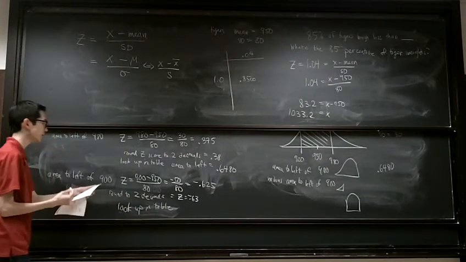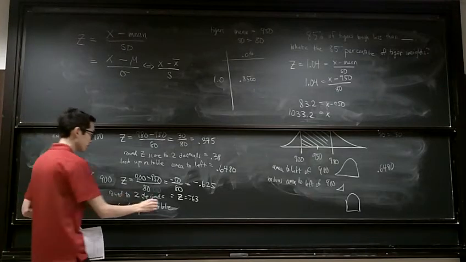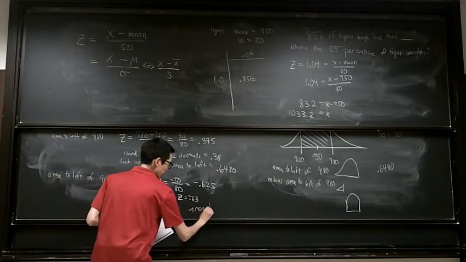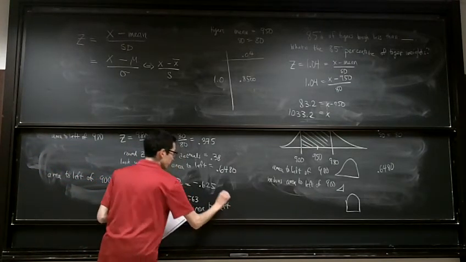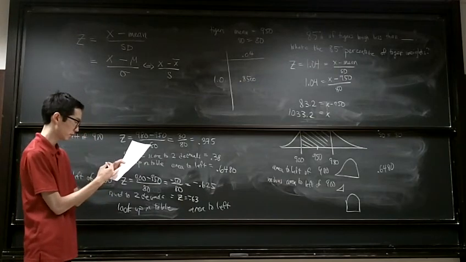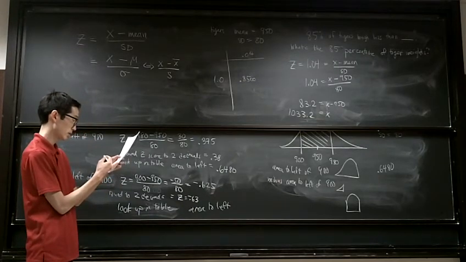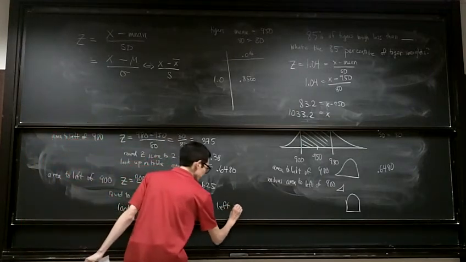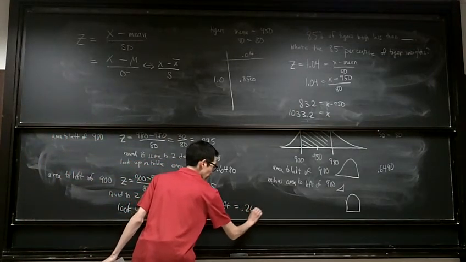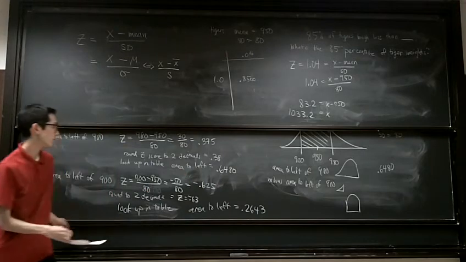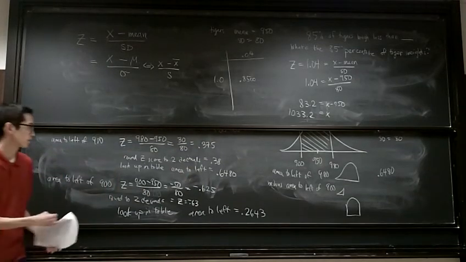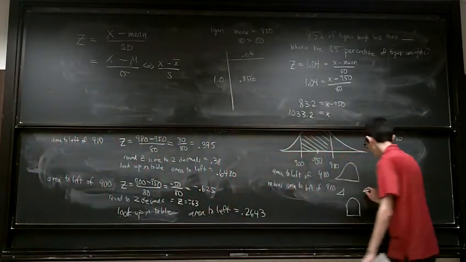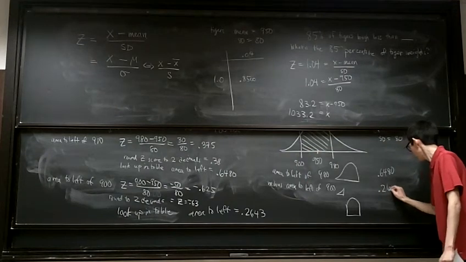Look up in the table, and the area to the left is equal to 0.2643. So this part is 0.2643.